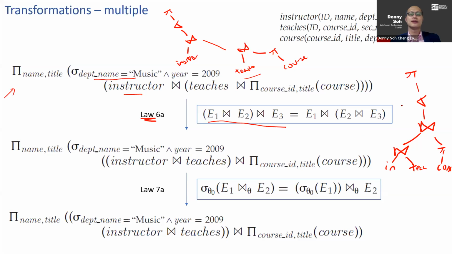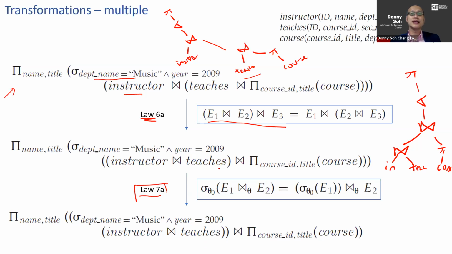Okay, so let's say this is actually able to push this into our individual tables within my join condition. And how we do that is using law 7a.